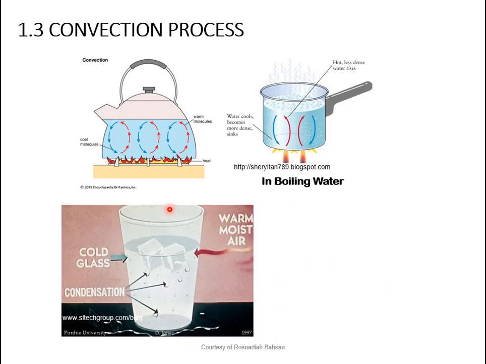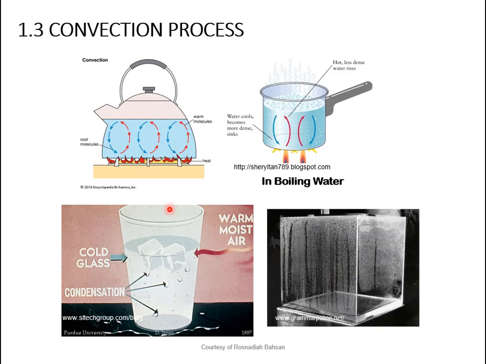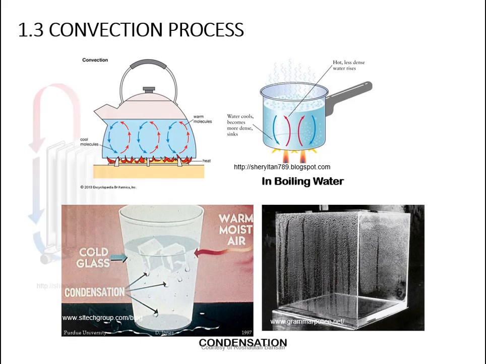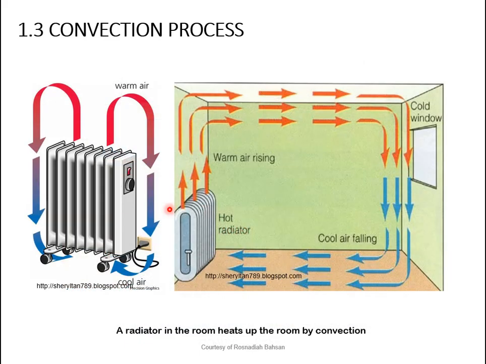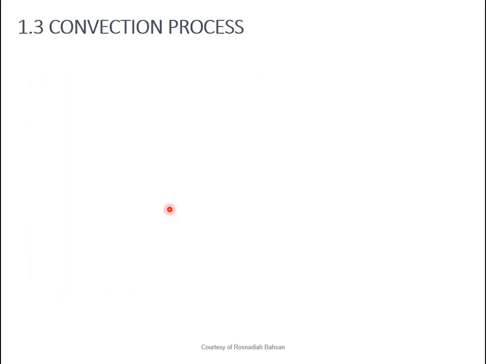In a cold glass on a hot day, you will notice droplets around your glass of water. This is because of condensation. So these are all examples of the convection process.